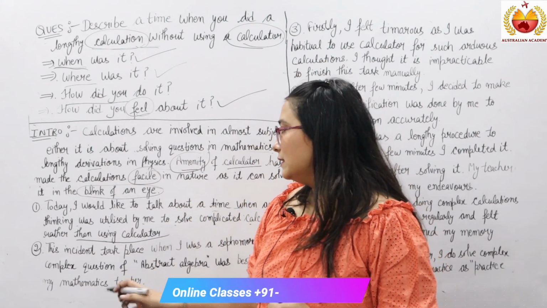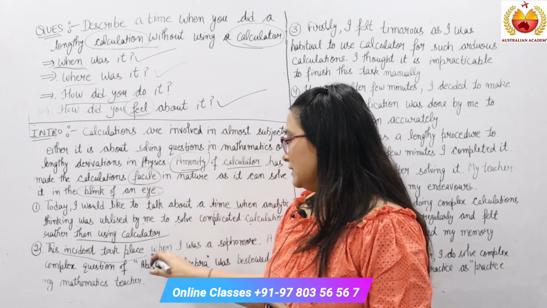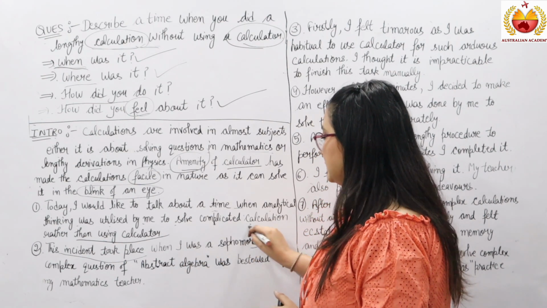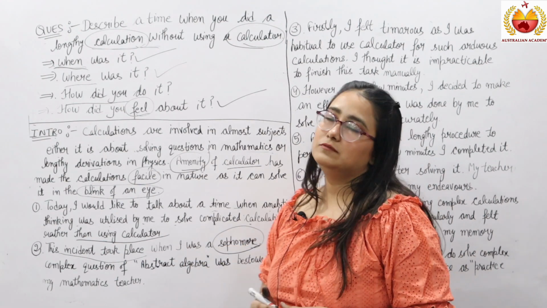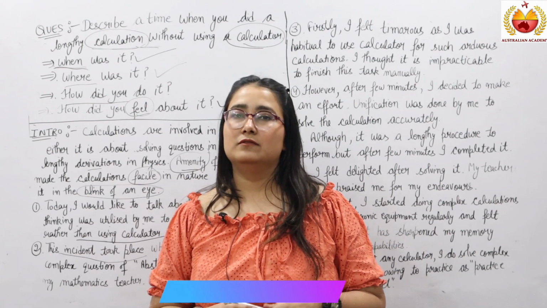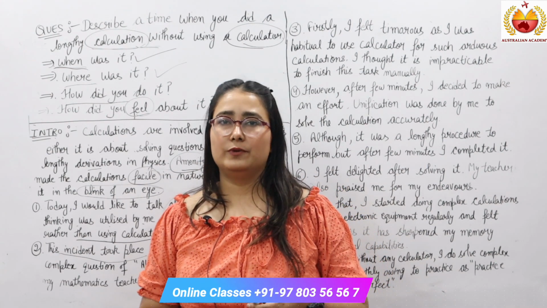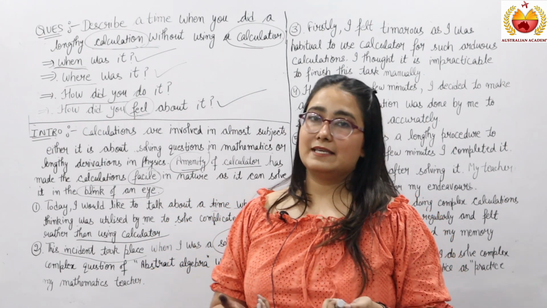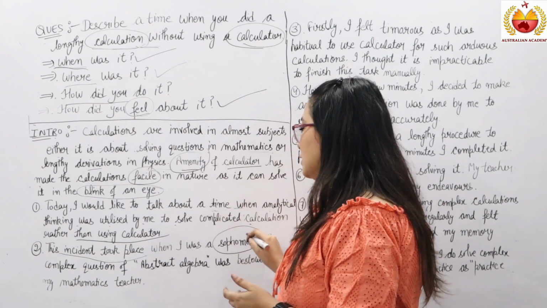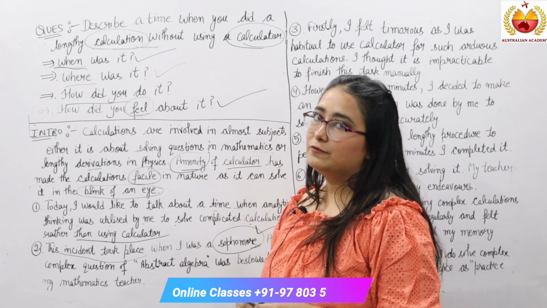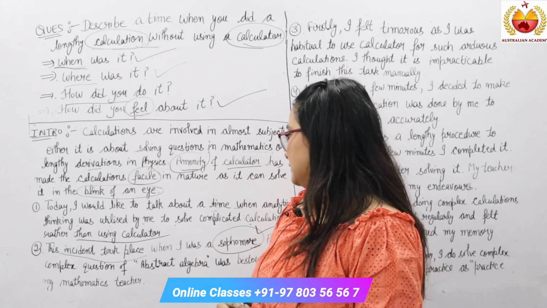When it happened, this incident took place when I was a sophomore. What is the meaning of sophomore here? Students who are in the second year of college, in any type of graduation in any subject, when we are in second year we can call ourselves sophomores. So I was in the second year of college when this incident took place.